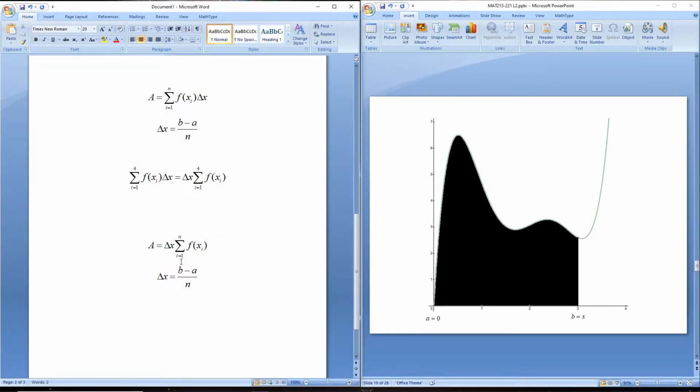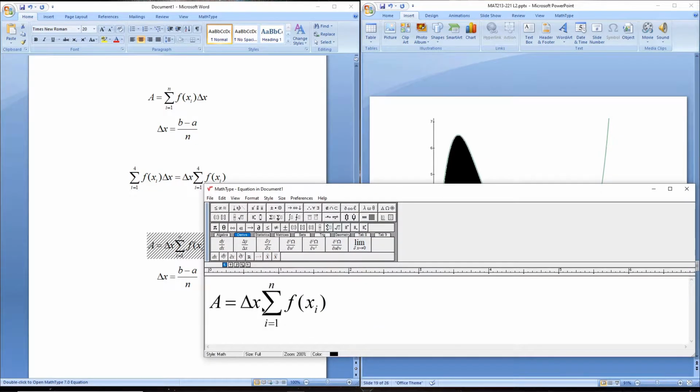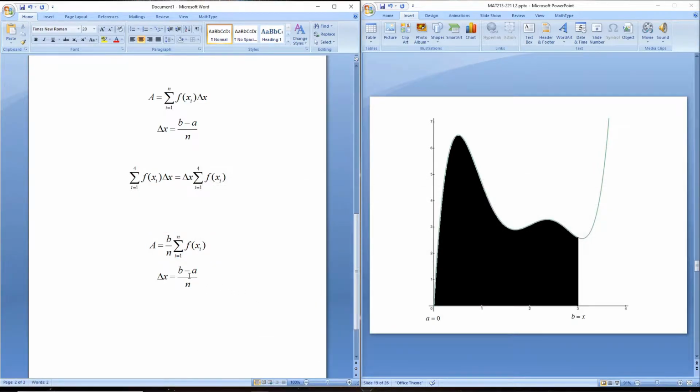And we know also that delta x is b minus a over n, so I'm just going to plug that in. I'm also going to say for all these problems that a equals 0, because it makes this slightly simpler to deal with. We're going to say a equals 0, and we don't need our delta x here anymore.